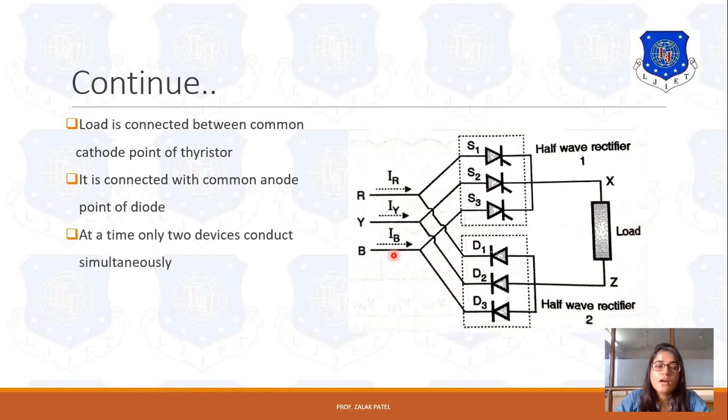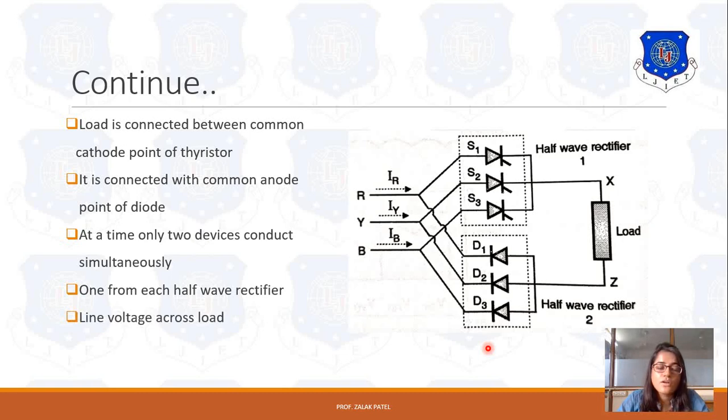Now at a time only 2 devices will conduct simultaneously, meaning if one SCR is conducting from this HWCR, then the second device should be from the second HWCR, meaning only one SCR and one diode conduction will take place simultaneously. So one from each half wave rectifier, as I had said.